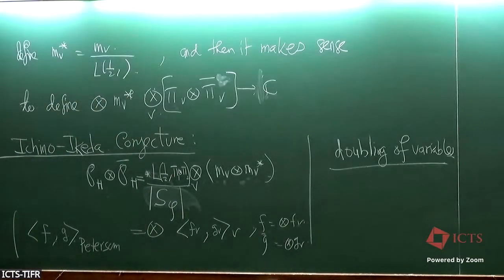This is a rather beautiful formalism. It relates the global period integral with local period integrals in a very precise way, by saying that you have created two invariant forms on the global object and they differ by a scalar, and that scalar is nothing but the L value.